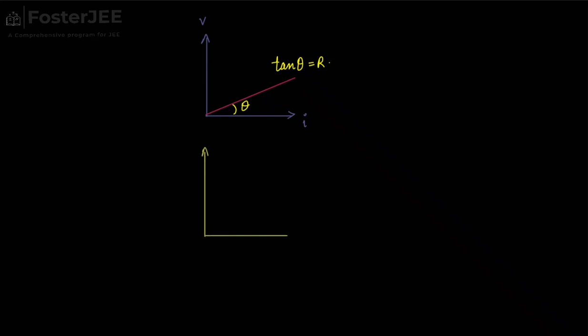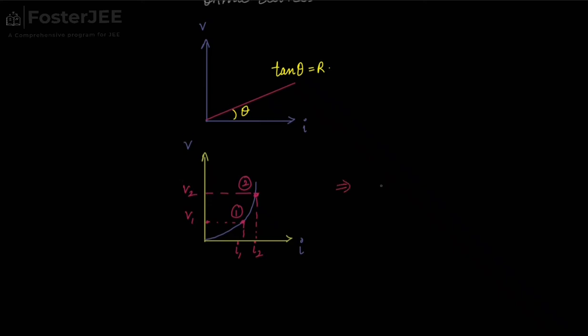Now non-ohmic devices will look like this. In that case, the relation between voltage and current is something but not a straight line. But here also V is equal to IR is valid. Let's see. Suppose this is point 1 and this is point 2, the potential here is V2, the potential here is V1, the current here is I1 and the current here is I2.